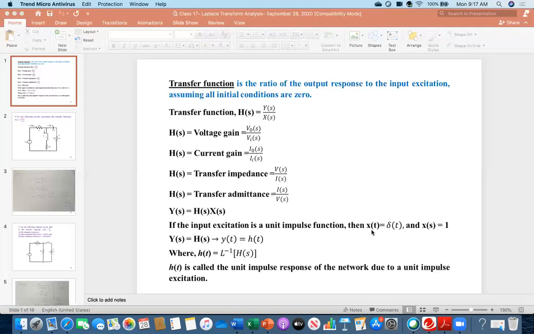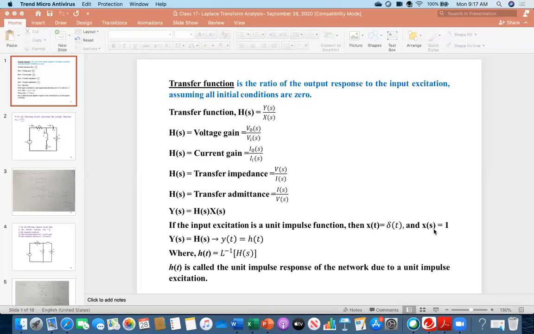Here I have written x(t) equal to delta t. I think in the last class I showed you the Laplace of delta t is 1, because the unit impulse function has the value only at the 0 point. After 0 and before 0, it is always 0. So delta t is the unit impulse function, and it has the value 1 only at the 0 point.